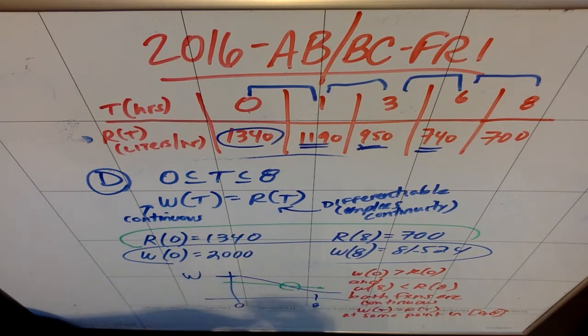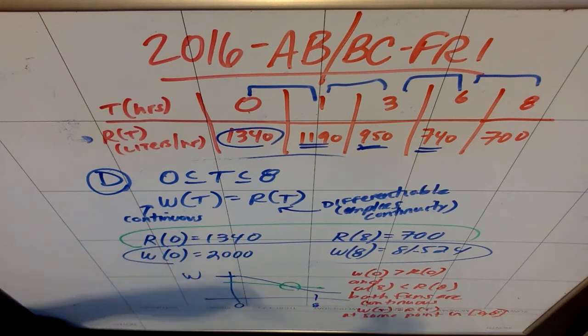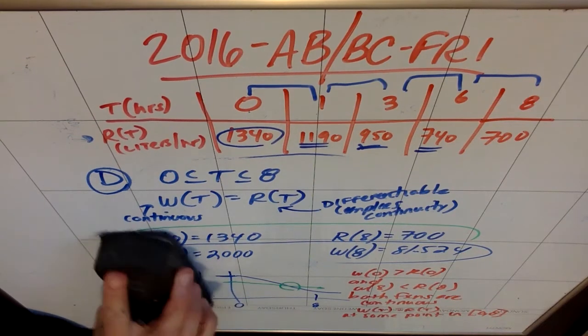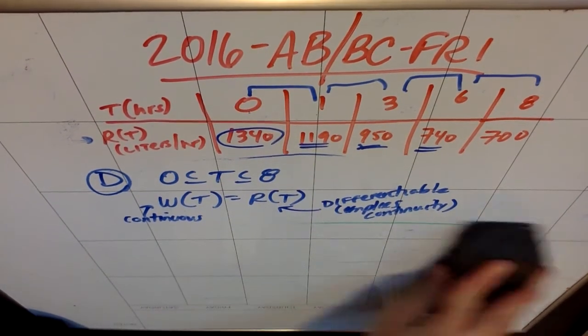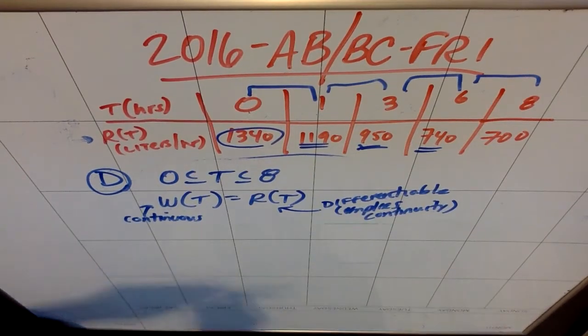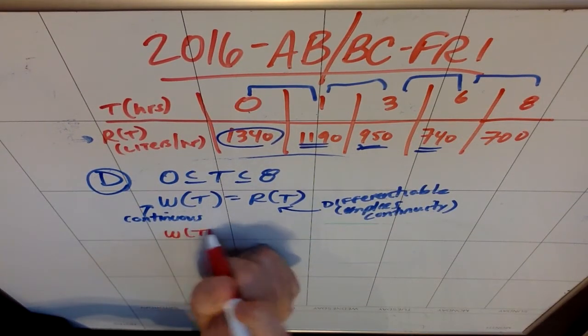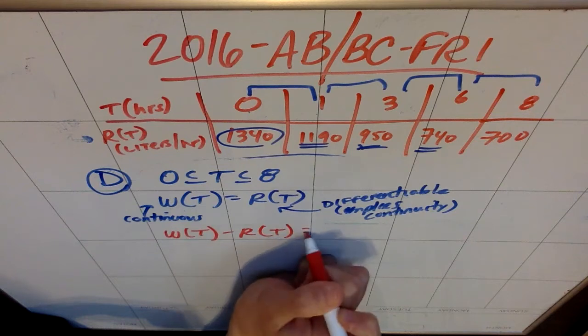Now, the AP asks you to do it using the intermediate value theorem, which is just fine, and probably better than mine; my explanation might fly, it might not. They want you to consider essentially the relationship between W of t and R of t. So the way that the AP suggests doing it is that you consider W of t minus R of t equals 0.